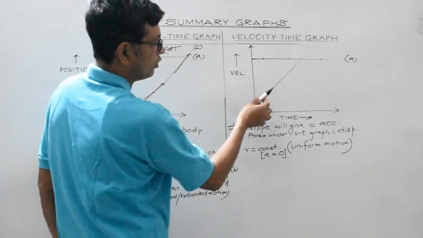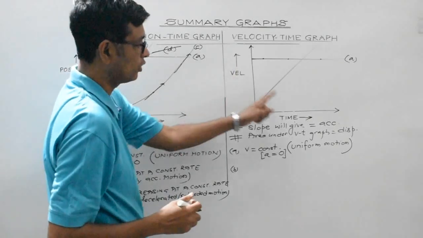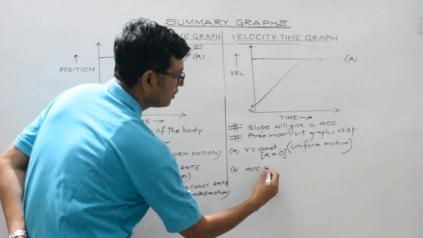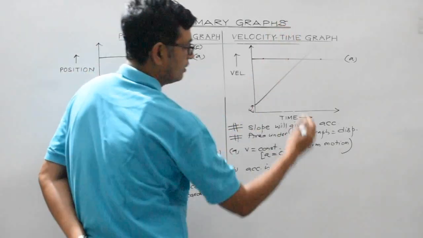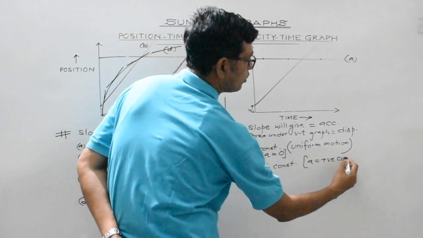Okay. Here look, it's a straight line. So slope is constant. Slope of the velocity-time graph will give us acceleration. So it suggests that acceleration is constant. Right? And it is uphill. So it is the case where A has a positive constant value.